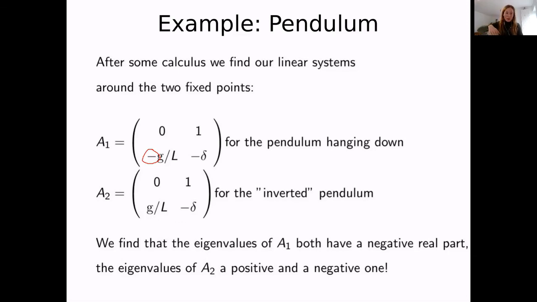So we have a stable fixed point here when the pendulum is hanging down, but when you have it inverted, then it's a really unstable system. And this is what the eigenvalues tell us. So this is trivial for an example where we simply know the solution, but we would do exactly the same for any other unfamiliar system.